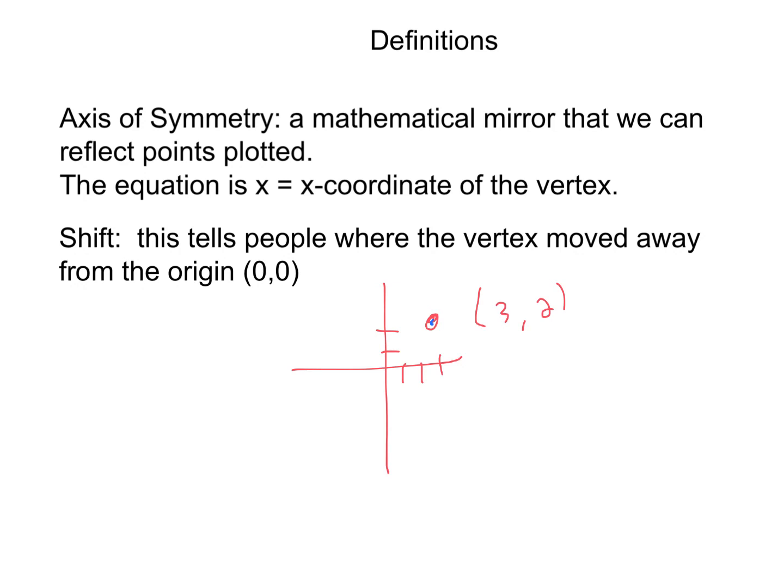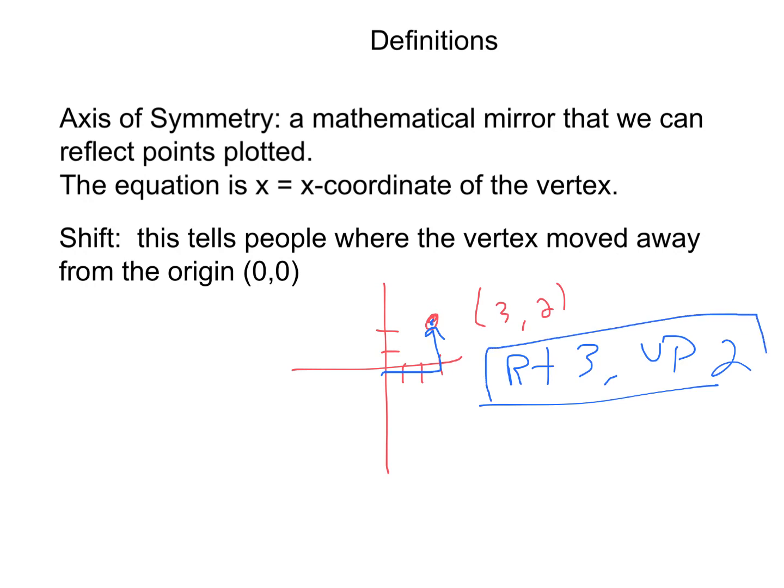So again, in this instance, because we went right 3 and up 2, we would explain the shift was to the right 3 and up 2.